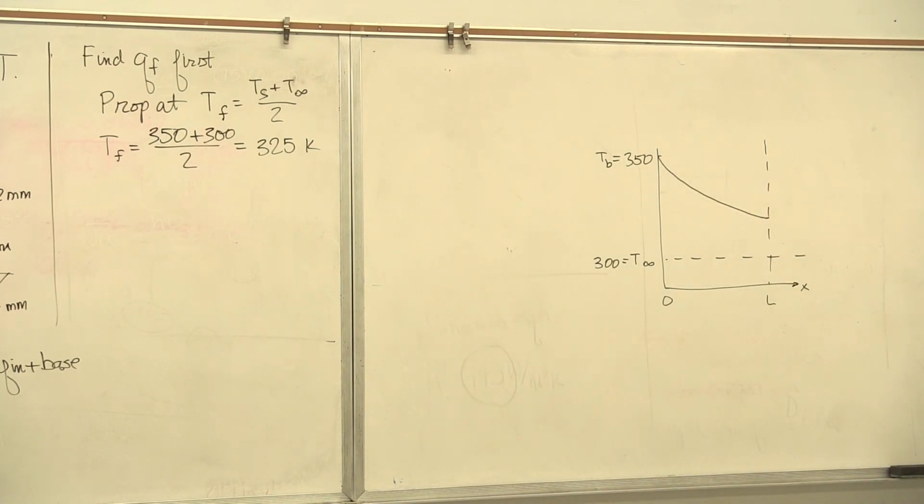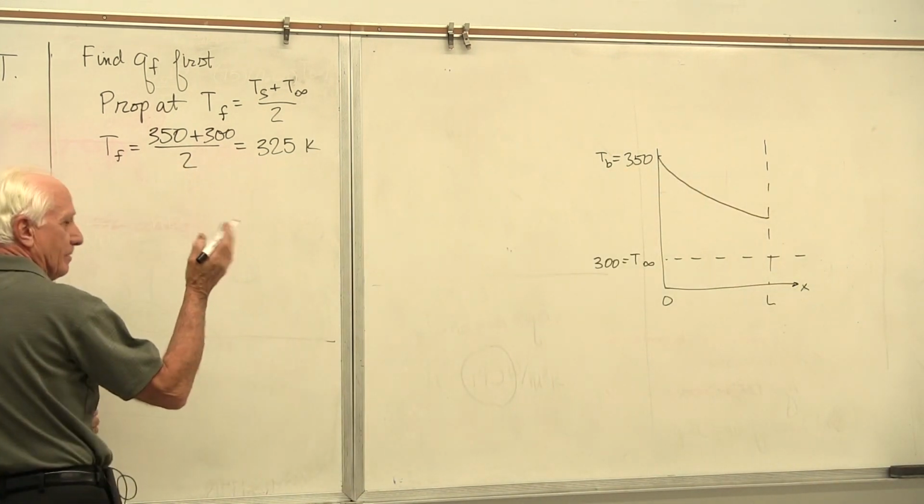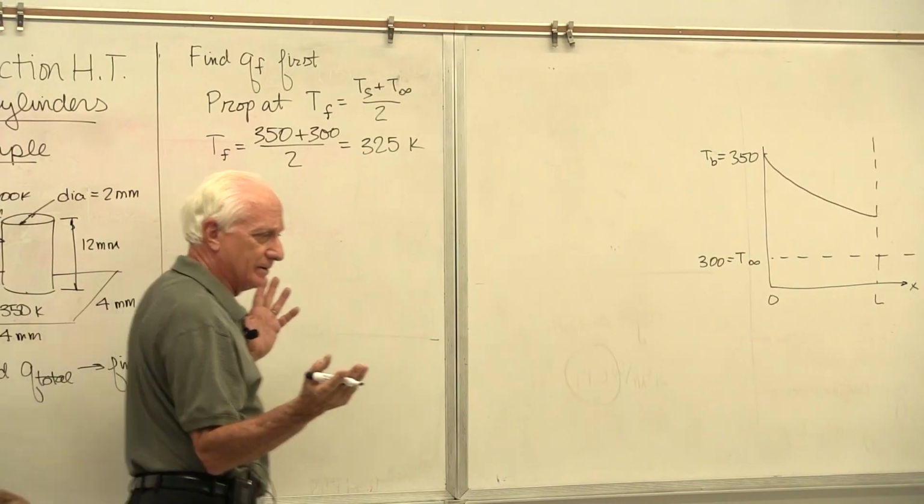Guess what I have to do? Oh, in the real world, I have to iterate. I guess again and guess again until it converges to a solution. But I'm not going to do that, but I'll tell you that's how it goes. Okay, T film, get the properties. I'm not going to put them down. We got the properties. Back of the book under air, table A4.